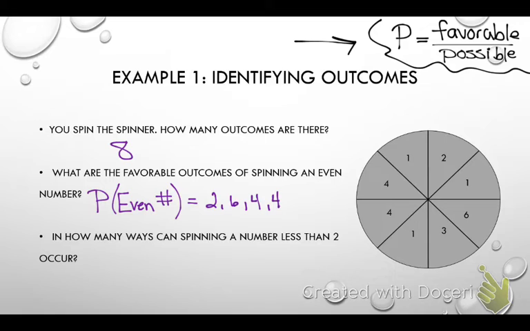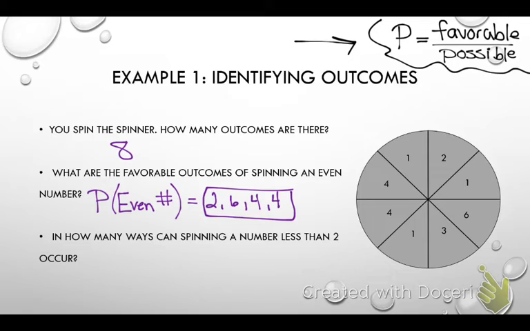In this case, it said what are the favorable outcomes, so listing them would be my answer. You see that? If it said how many favorable outcomes, you would say 4. If it wants you to list them like it does on this lesson, you would list all of your favorable outcomes.